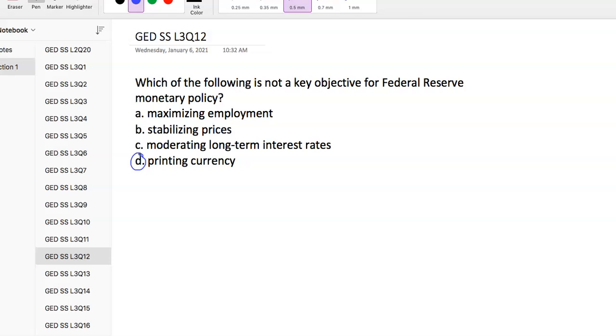It is true that its duties have expanded over the years, and that could include supervising and regulating banks and maintaining the stability of the financial system. But the three tenets that you're most likely to be questioned on are maximizing employment, stabilizing prices, and moderating long-term interest rates.